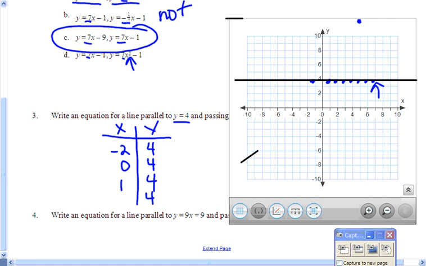That would be this line right there. And every point on that line is at y equals 12 on the graph. So the line parallel to y equals 4 that passes through the point 5, 12 is the equation y equals 12.